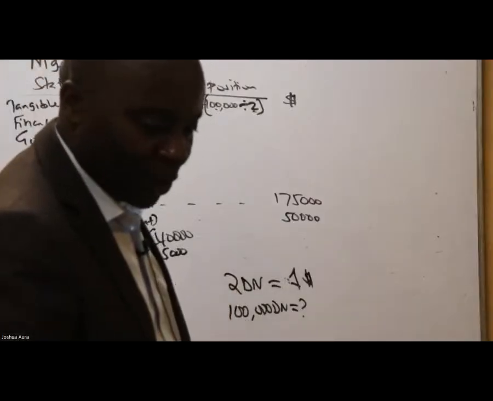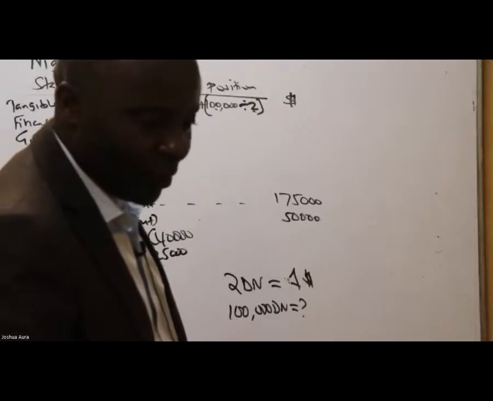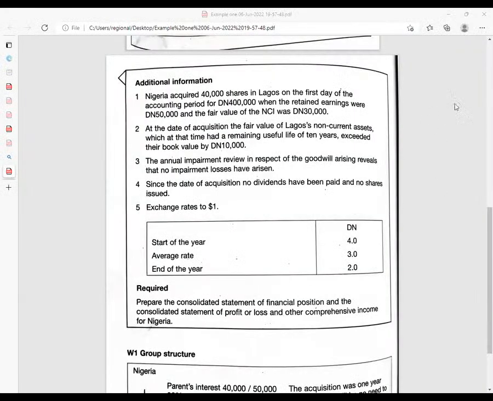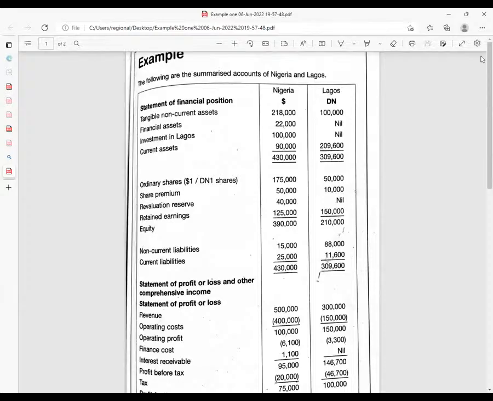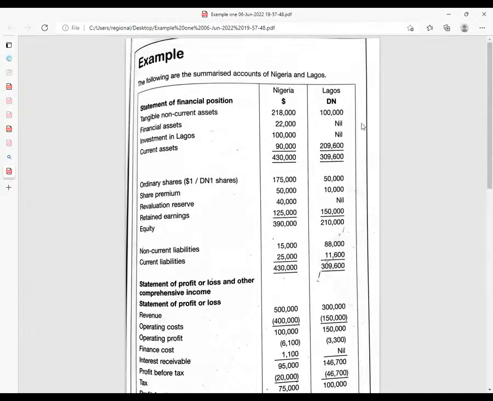The next item, ladies and gentlemen, is the financial assets. This is basically a free mark thing, because it is 22,000 plus 0. 22,000 plus 0 is free mark. I love free marks in group consolidation.